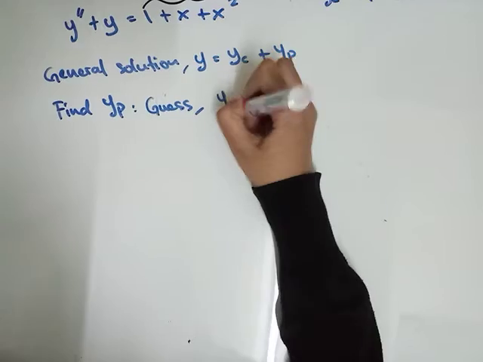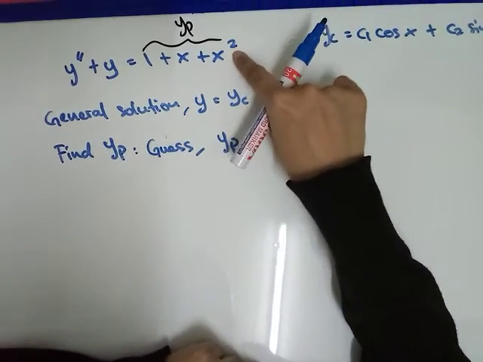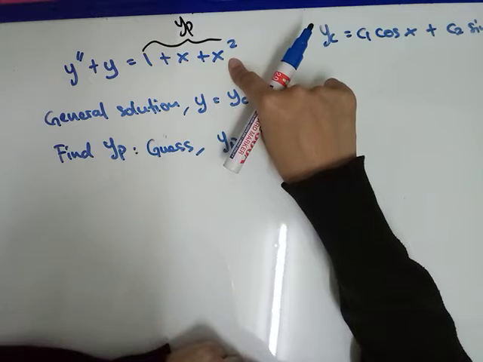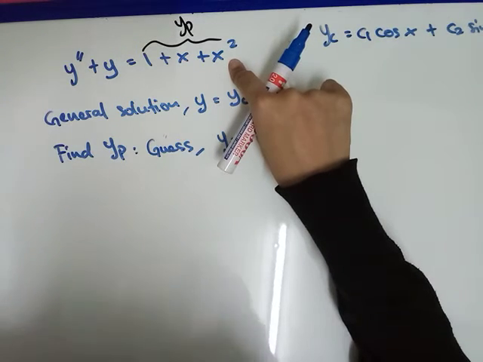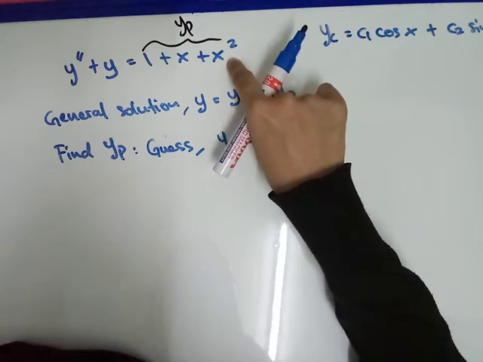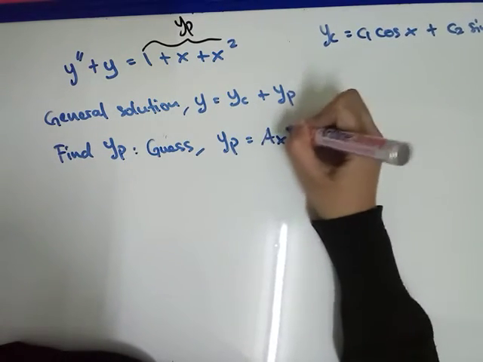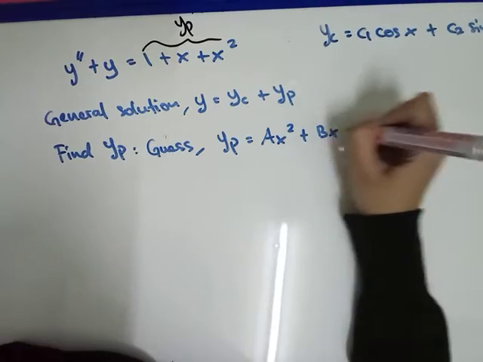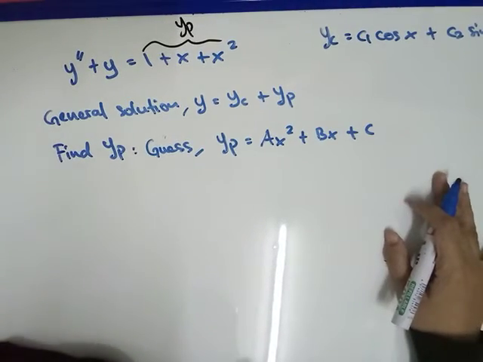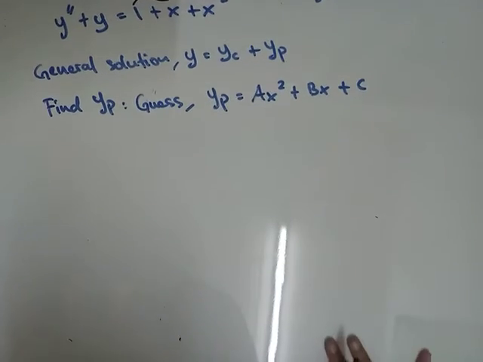Refer to the function f(x) on the right side. This one is in quadratic form, because we have x squared here. So yp equals ax squared plus bx plus c. And then we need to find the values for a, b and c.